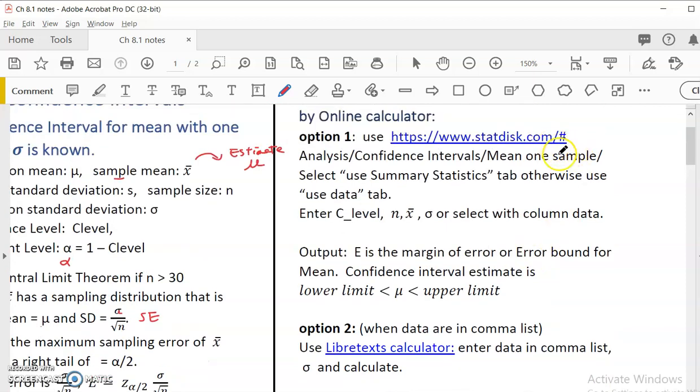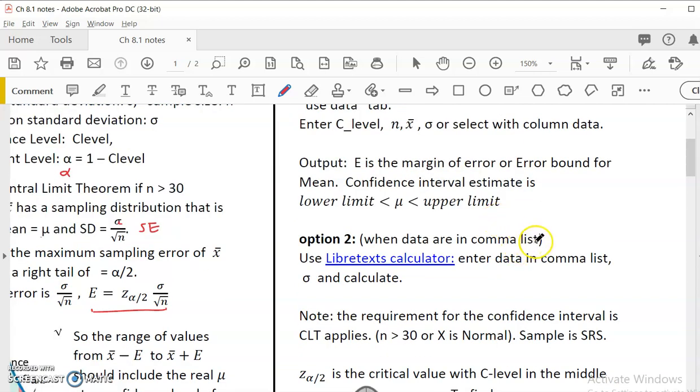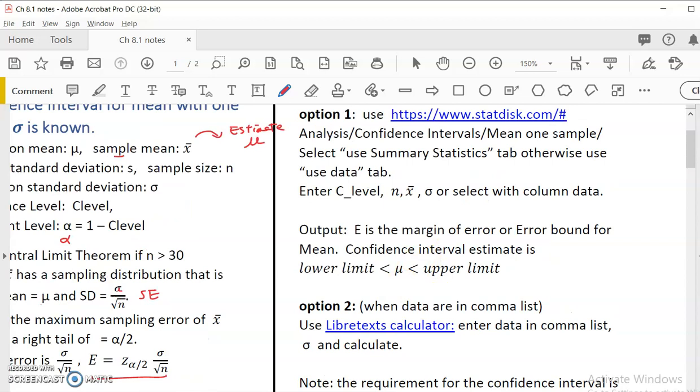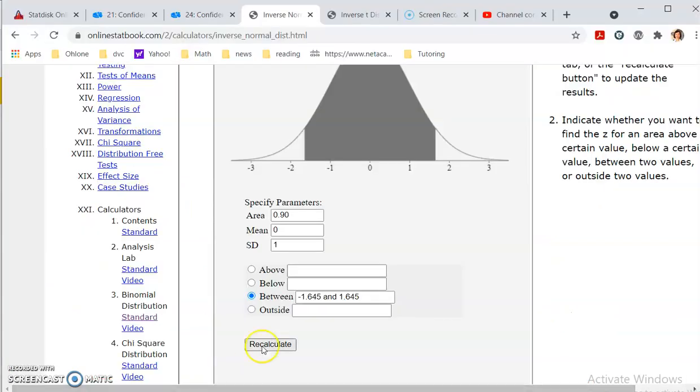And if the data is in a table form, or you have X bar, then you use statistics. Statistics can handle anything. You can use summary statistics as well as data. But when data is not in the vertical table form, but in comma list, then you use LibreText. So let's go over that a little bit.